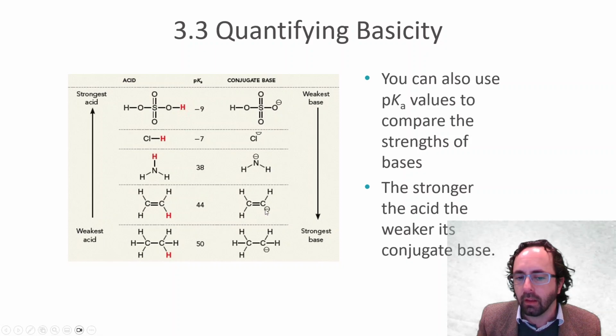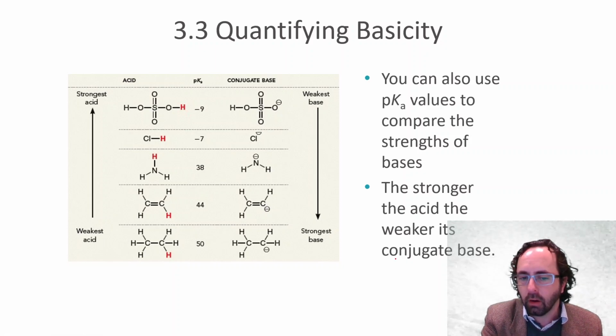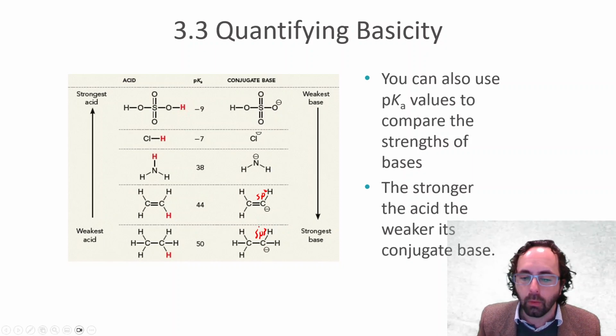This is because the sp2 hybridized carbon here has a smaller orbital, so that negative charge is held more closely to the nucleus and doesn't get away from the atom as easily. It stabilizes it more. Whereas here, it's in the larger sp3 orbital. So this is sp2, this is sp3. And therefore, those electrons get farther away from the nucleus, and it's easier for them to get away and make a bond.